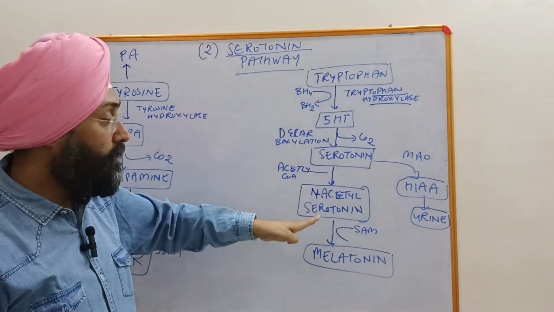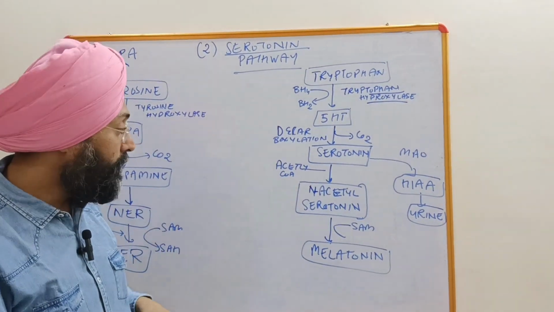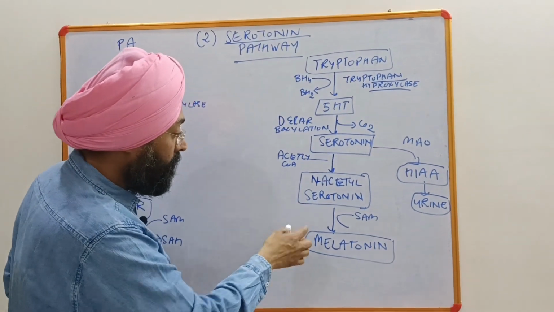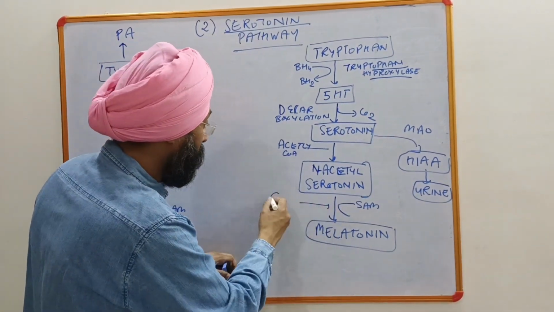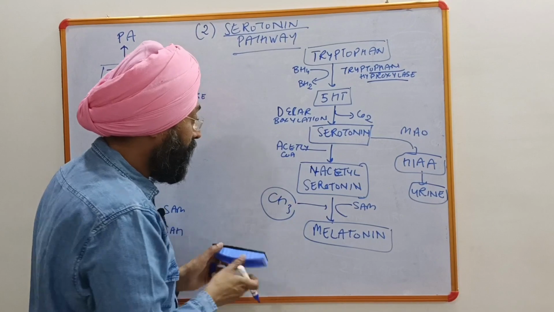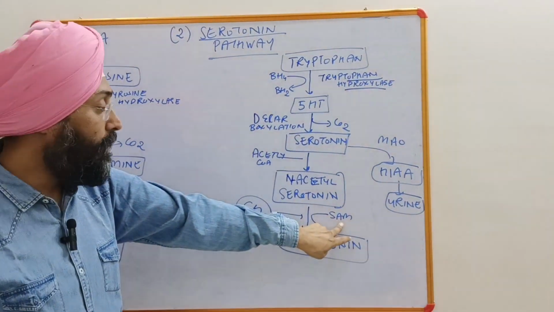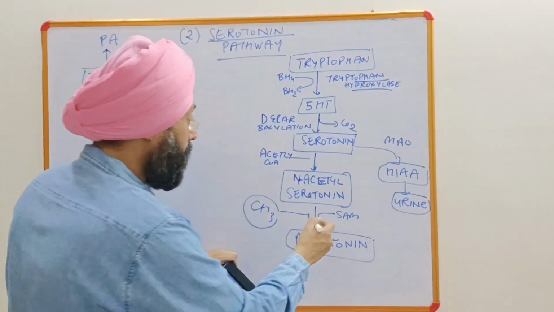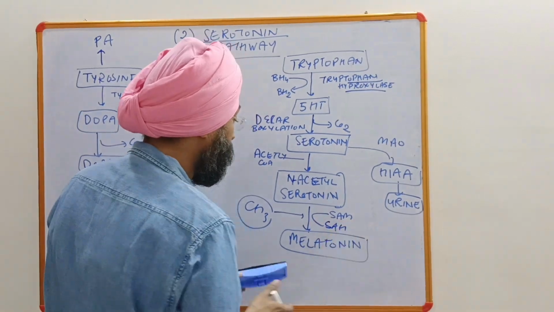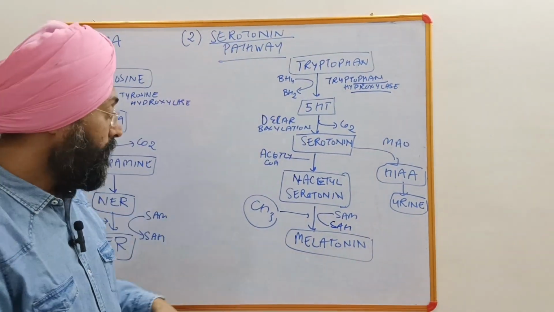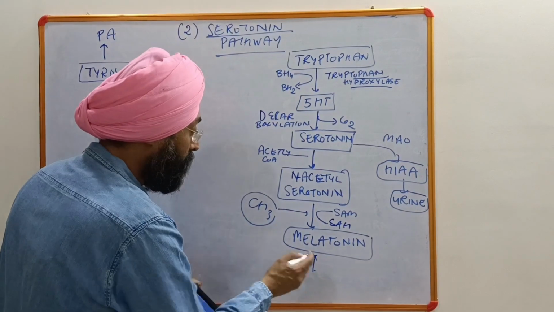The acetylated serotonin is known as N-acetyl serotonin, right? And to proceed further, we'll add a methyl group, right? When methylation is done by the methyl donor S-adenosyl methionine, and it is converted to S-adenosyl homocysteine, we'll get melatonin, that is our sleep molecule, right?